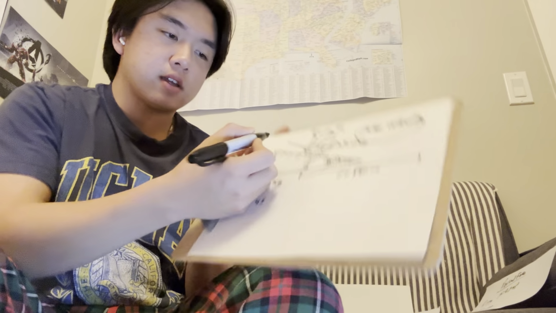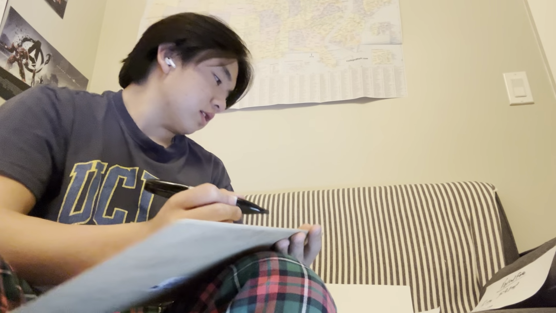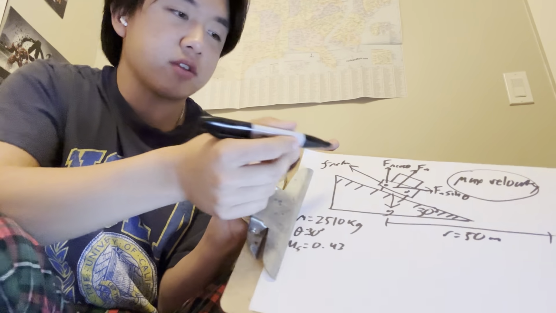So the friction vector is over here, noted by this curvy F. This curvy F is friction. I just wrote the whole word.